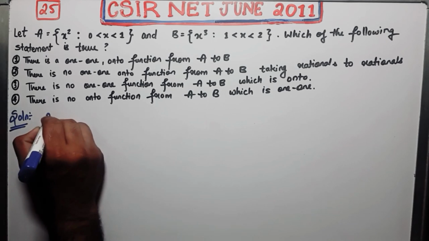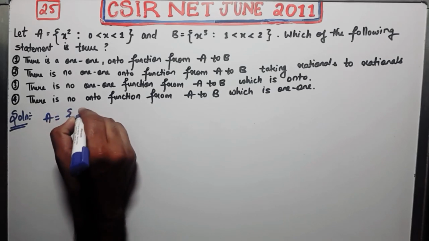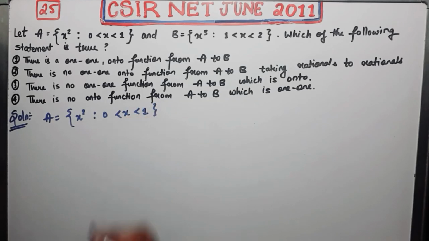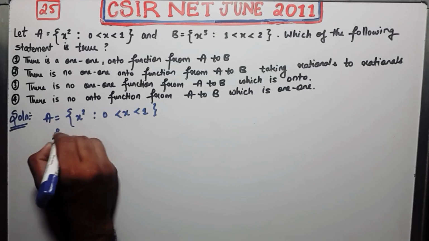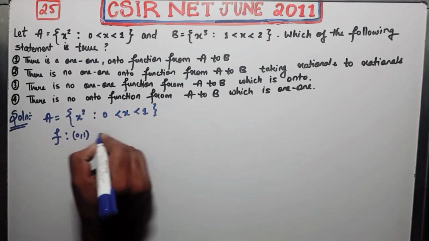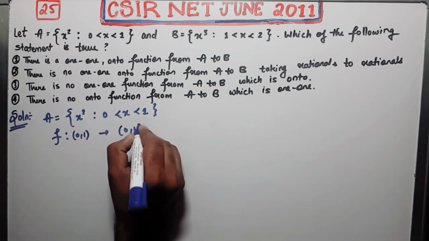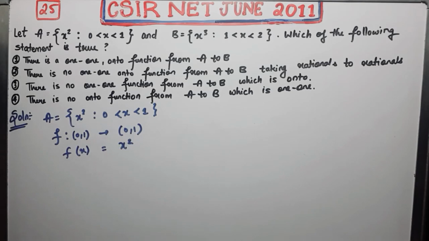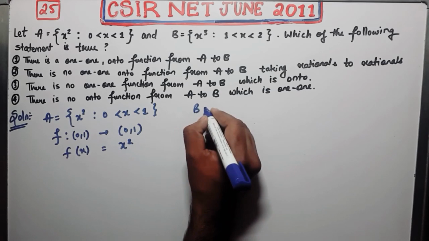So you see A is given by x square such that 0 ≤ x < 1. What I will do, I will take a map from this open interval to (0,1), given by f(x) = x square. And for the B set, what is your B set?